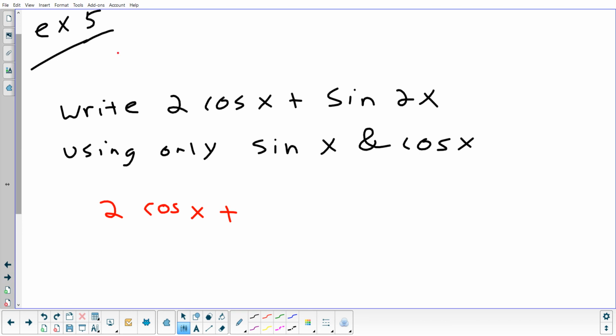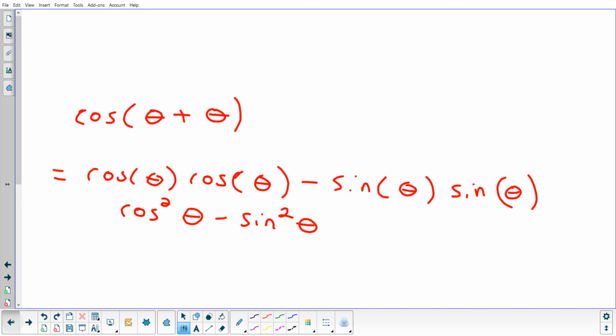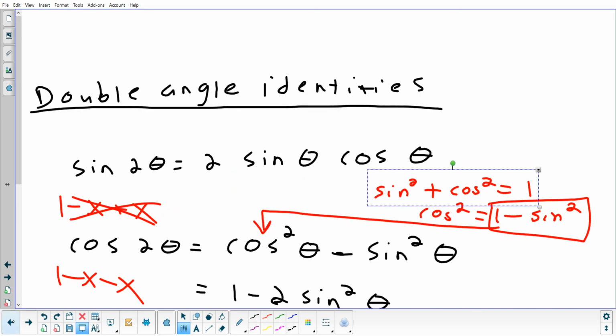So you could do sine x plus x, but then you've got to go back through and simplify that whole thing, which we've done, and we already know what it comes out to. Is it 2 sine x? Nope. 2 sine x times cosine x. Yeah, 2 sine x times cosine x. So that's the double angle identity, and we proved that.